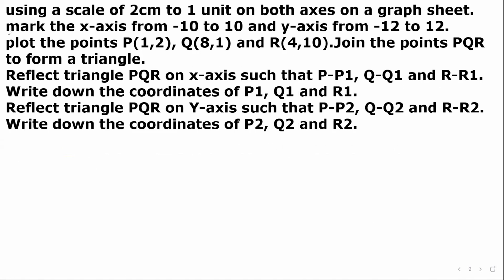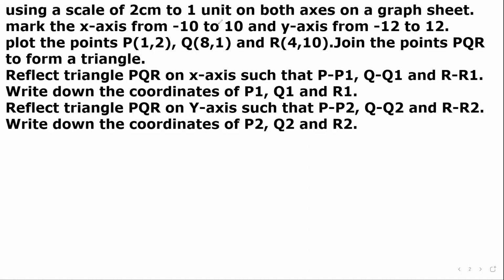Now the next question here says what? Using a scale of 2 centimeters to 1 unit on both axes on the graph sheet. Mark on the x-axis from -10 to +10, which means from the 0, which is the origin, to the +10, and from the same 0 to what, to the -10 on the x-axis.